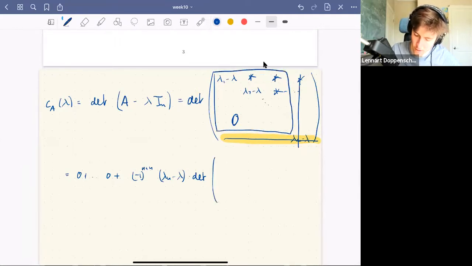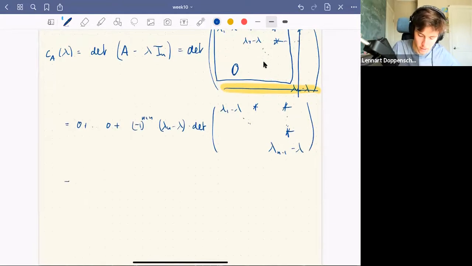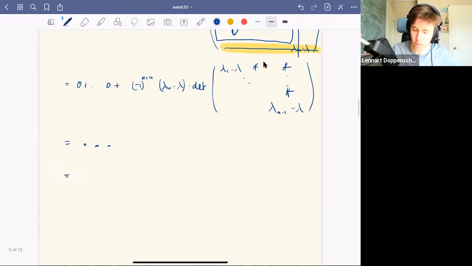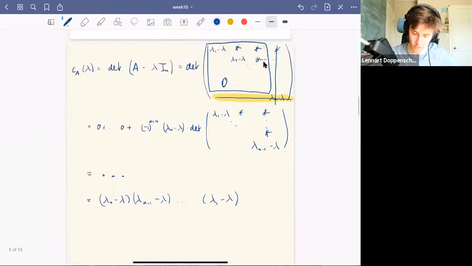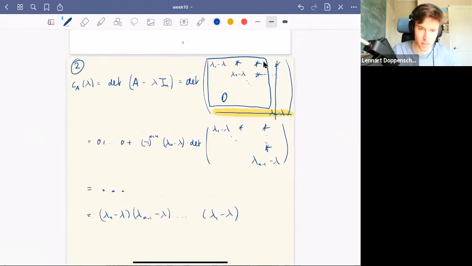The determinant here will be lambda 1 minus lambda all the way down to lambda n minus 1 minus lambda on the lower right hand side, and again we have some stuff here which we don't really need. And so we just keep going until we have only a number left. Then we see that this is lambda n minus lambda times lambda n minus 1 minus lambda and so on, times lambda 1 minus lambda. Okay, that was the first part of the second question.